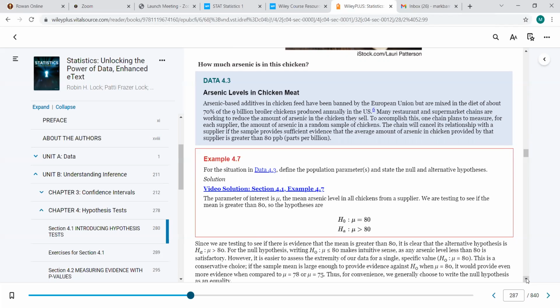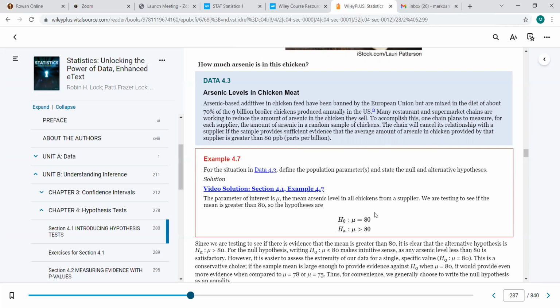Anything more than 80 parts per billion is considered unsafe. So if you read all of this up here, it says a restaurant chain will cancel its relationship with any supplier of chickens where the average amount of arsenic in the chickens is more than 80 parts per billion. So what are they going to do?